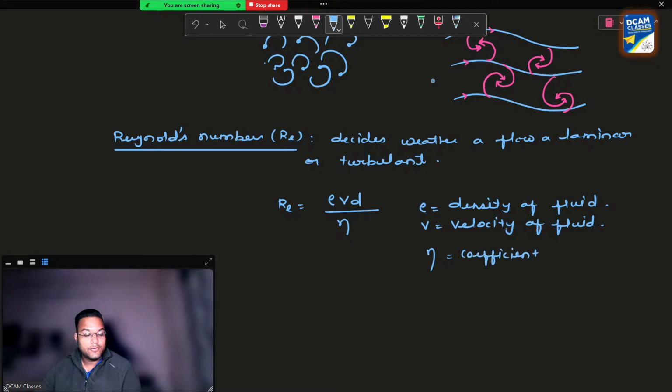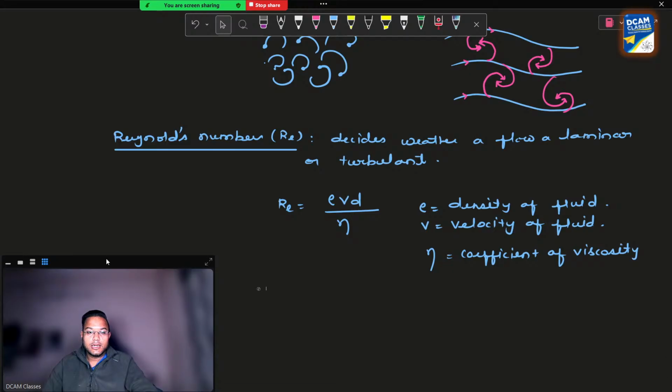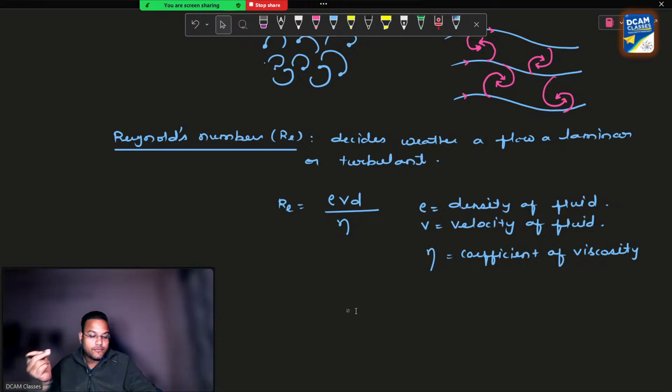See, I have not taught you yet what viscosity is, because till now when we have studied fluids, everywhere we have neglected the viscosity. Viscosity is like friction, like we have friction in Newton's laws in daily motion. Here the friction in fluids is known as viscosity.